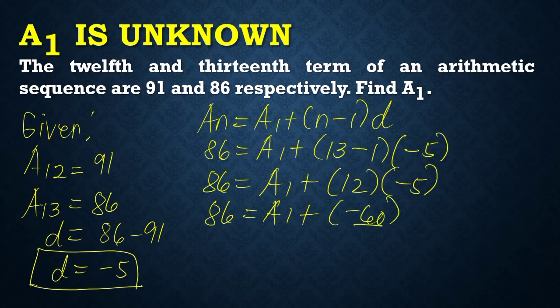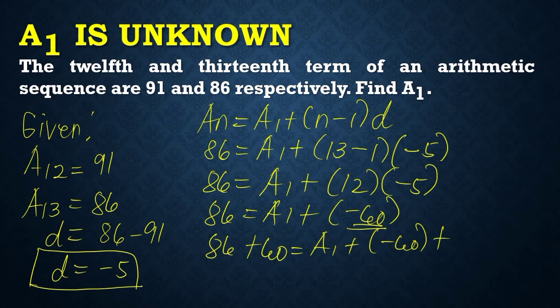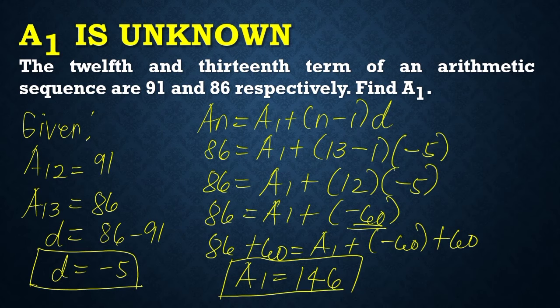Negative 60, tanggalin natin dito sa right side, dalhin sa left side, magiging 86 plus 60 is equal to a sub 1 plus negative 60 plus 60. So, a sub 1 is equal to the sum of 86 and 60, that is 146. So, the first term of the arithmetic sequence is 146.